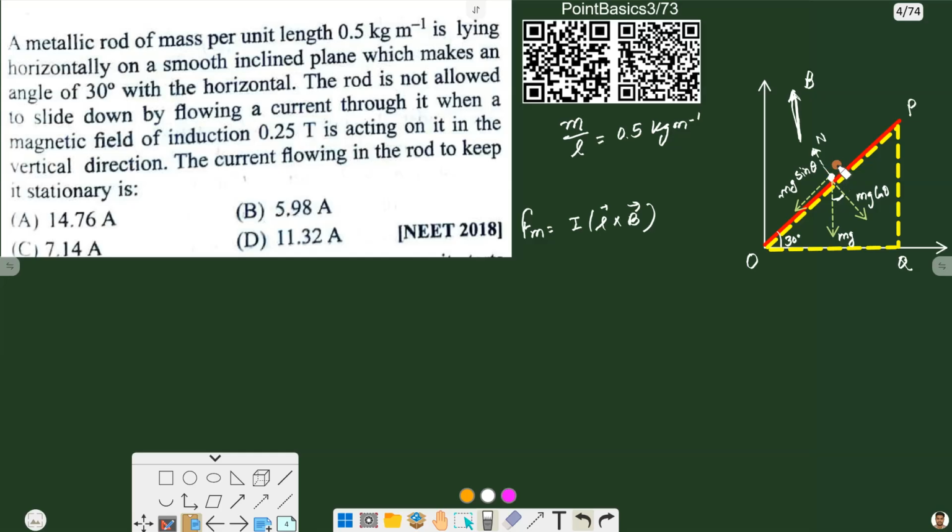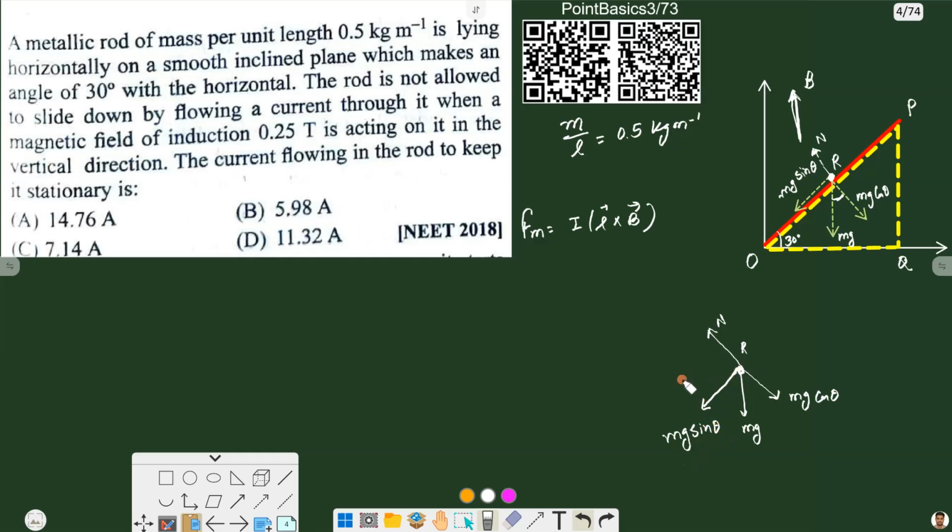Now let me draw these components separately. Suppose this point is R. At point R we have downward mg, we have mg cos theta, we have a normal reaction here, and we have mg sin theta here.